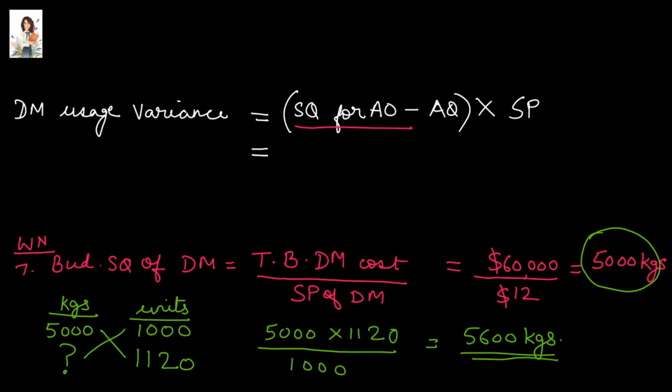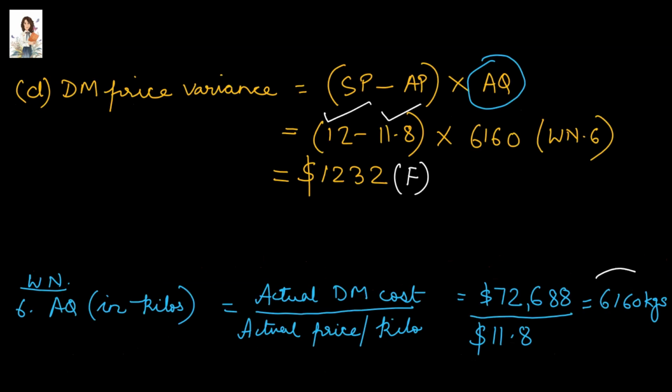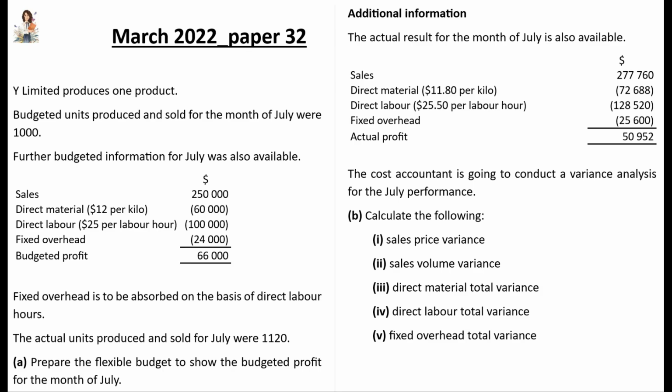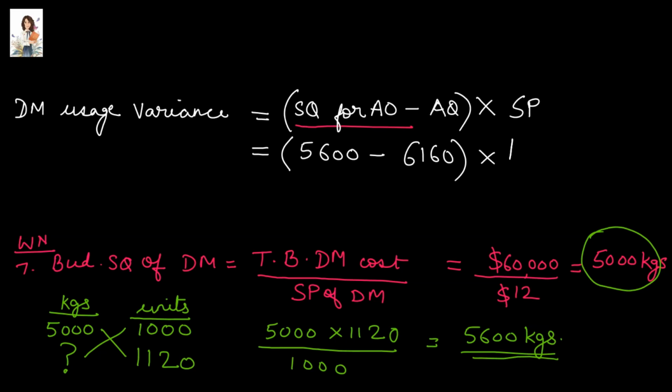So putting this value in the equation, we get 5600 minus the actual quantity of direct material, which we have already derived in working note 6. Actual quantity of direct material is 6160 multiplied by the standard price of direct material, which is $12 per kilo as per the question. So we'll write 12 here.